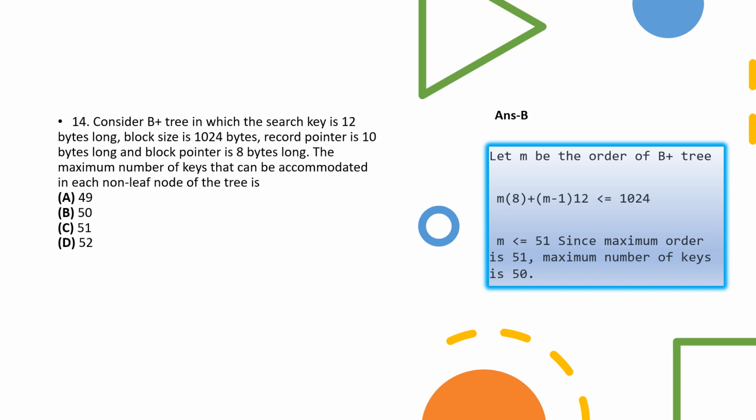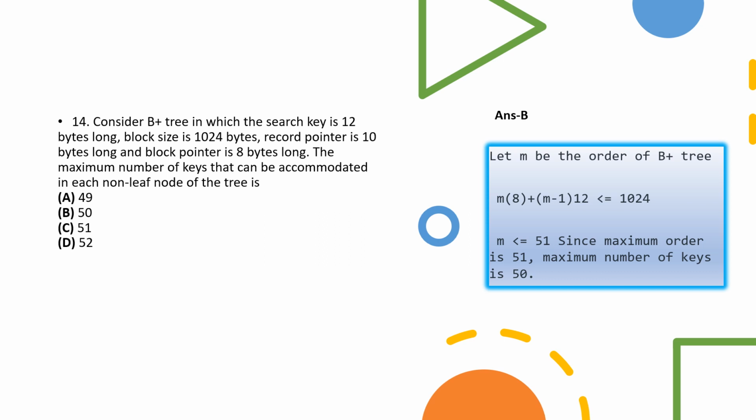A non-leaf node contains block pointers and keys only, but a leaf node also contains one block pointer at the end to point to the next block, along with the record pointers and keys. So the internal node structure is block pointers and keys only. If we have m block pointers, it will have m minus 1 keys.